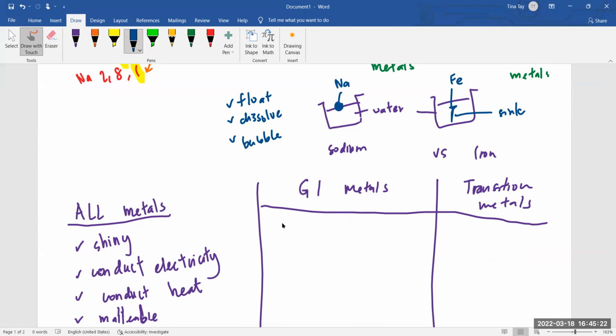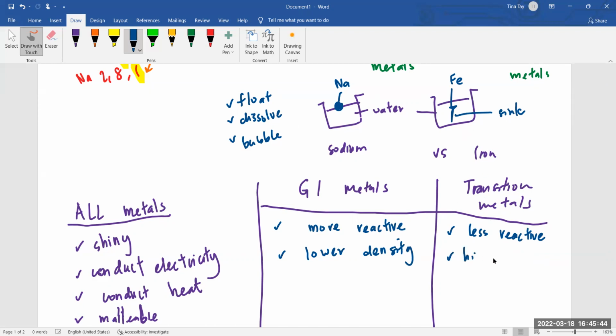So group 1 metals are more reactive. Transition metals are less reactive. And then it can float on water, right? So it has lower density. But all transition metals, all the other metals will sink.